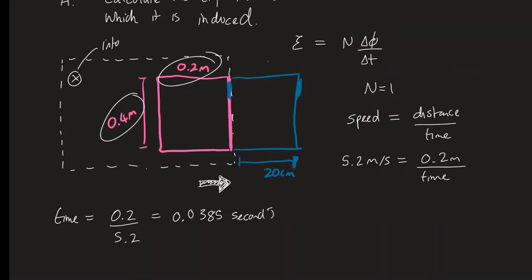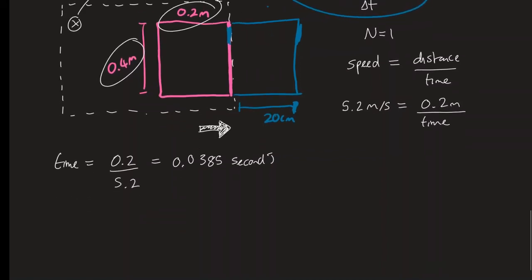Before we can go ahead and set up this equation, we need to know one other thing. We need to know the change in flux. So that's going to be the final minus the initial flux. Well, the final flux, that's in the blue case here, it's outside the field. There are no field lines passing through this, so the flux is 0.